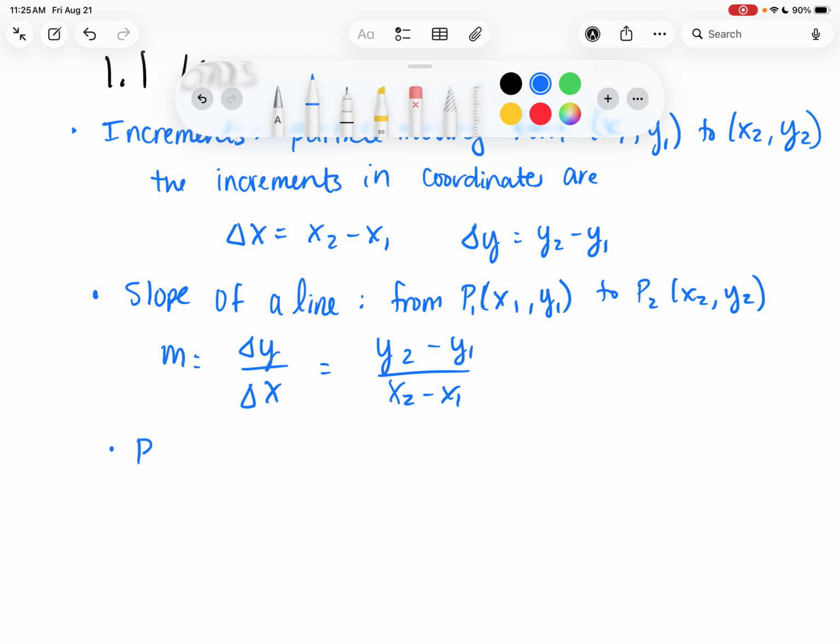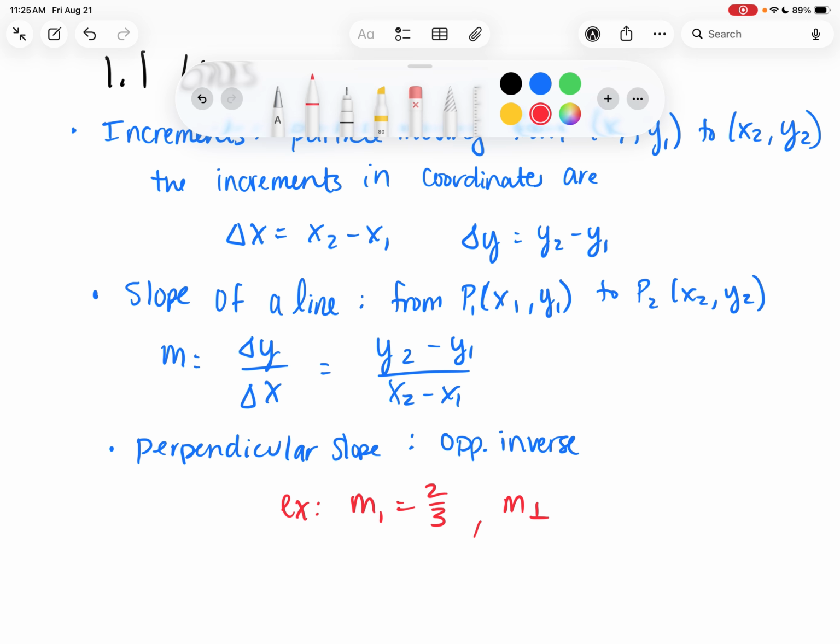Y'all probably remember this, but a perpendicular slope is the opposite inverse. So if I had my slope 1 is 2/3, my perpendicular slope is -3/2.